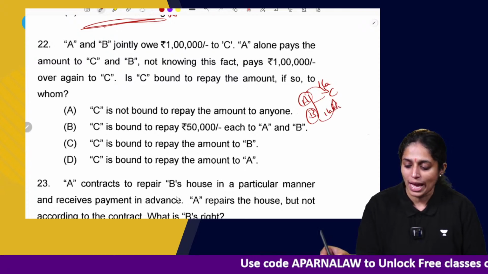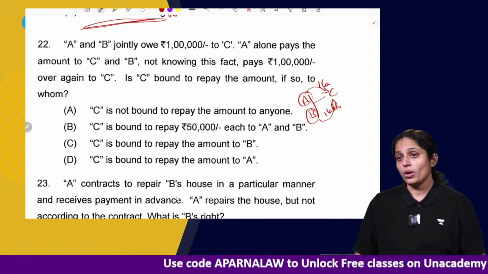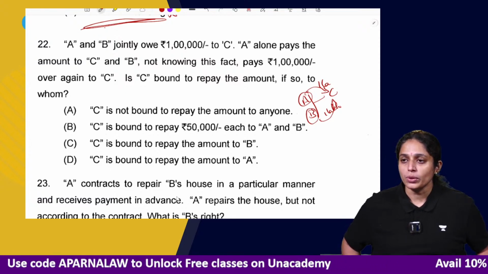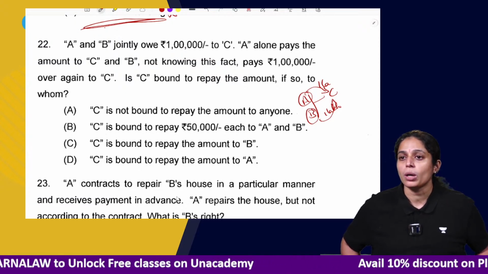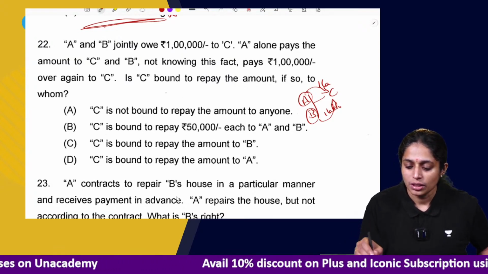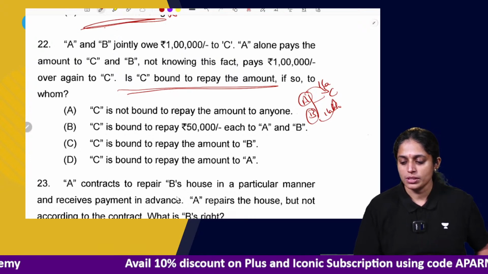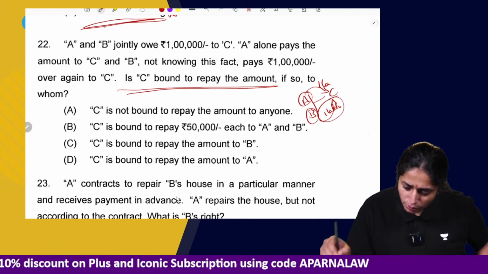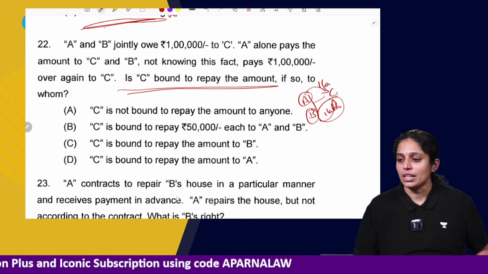So it amounted to 2 lakh, but originally they both were owing only 1 lakh rupees. So is C bound to repay the amount? If so, to whom? Is C bound to return that extra 1 lakh rupees?